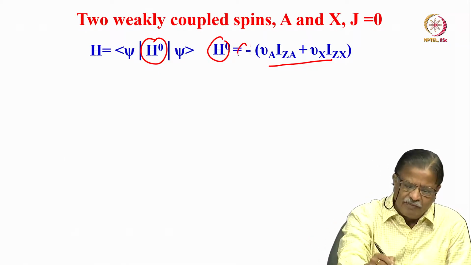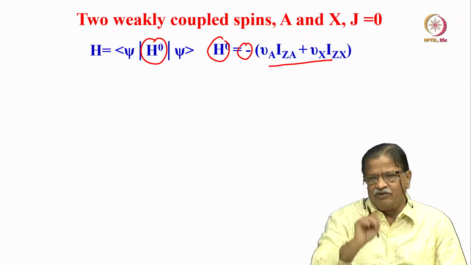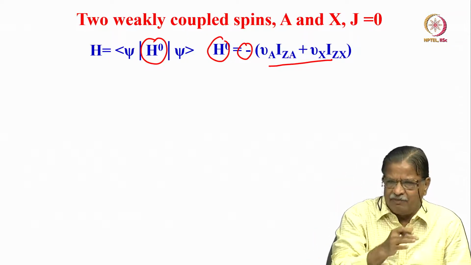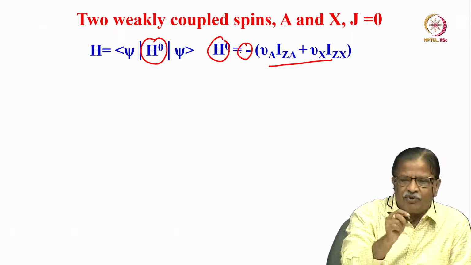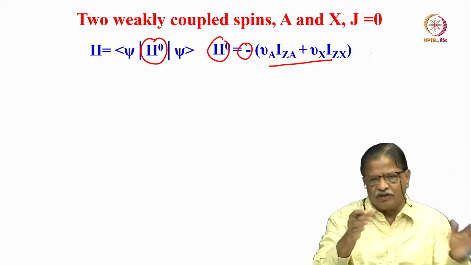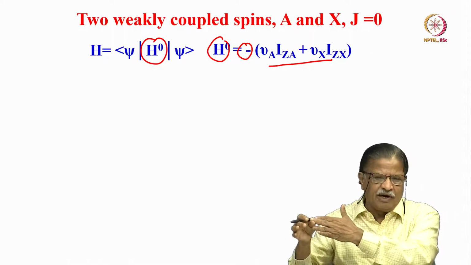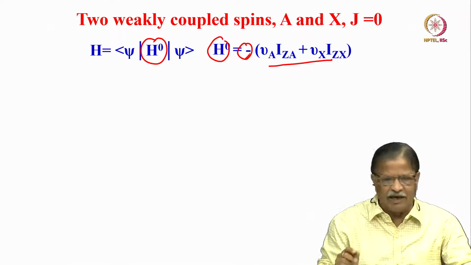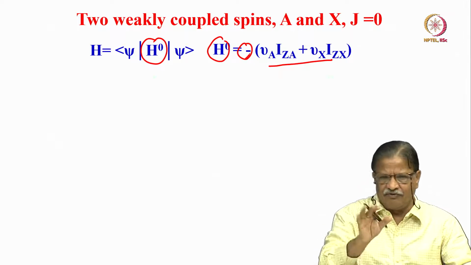Of course, depending upon how we are going to represent, we have a minus sign for the resonating condition. I did not put a minus sign while explaining, but sometimes in some books you can see it is written as nu is equal to minus gamma B0 over 2 pi, depending upon how it is going to be represented. So, I have taken this as minus, this you do not have to worry about finally.